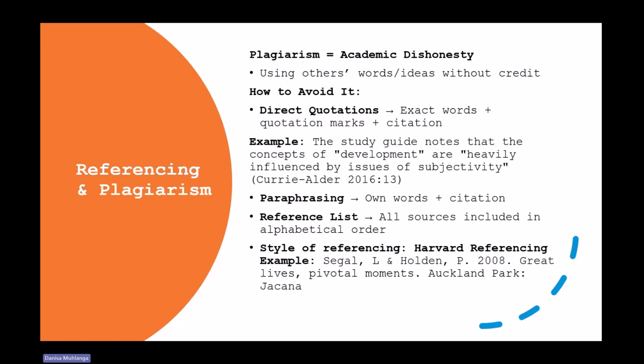And then followed by Mohlanga, but it needs to be in alphabetical order. You can't start with M and end with C. That's how you lose marks. So make sure that you check that before you even submit your assignment. As you write, you need to check that.